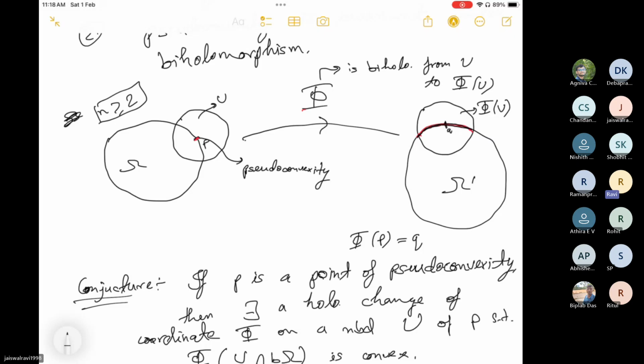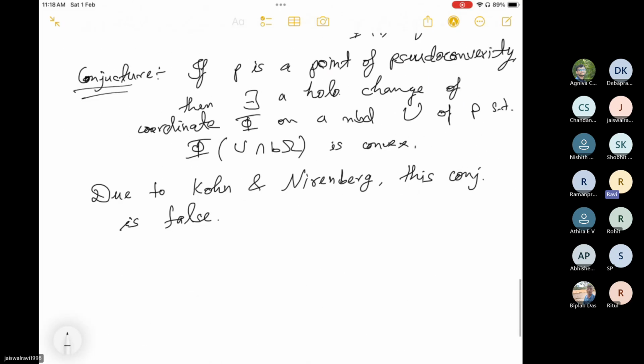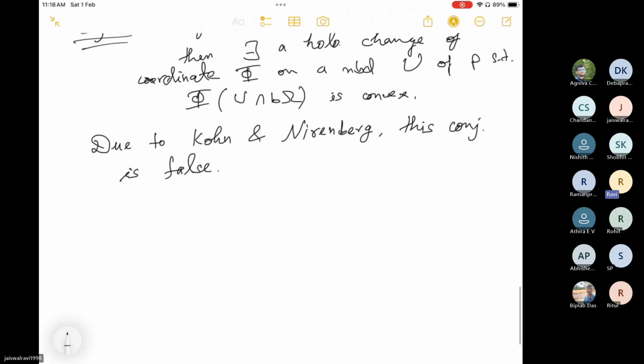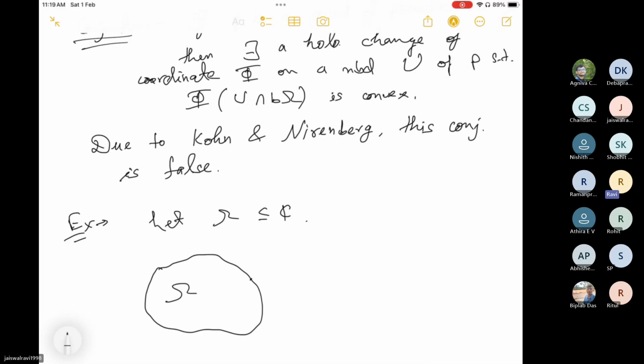Maybe for simply connected, if you remove some point from the domain, then it's not simply connected. But I feel like for a domain in C, it's true because, for example, let omega be a subset of C, and we are talking about the local thing.